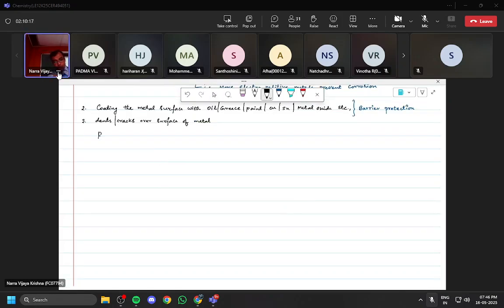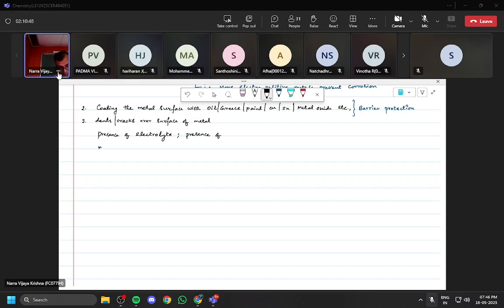Presence of electrolytes, meaning solvent. We are providing a basic medium or acidic medium. If I bring acidified water in contact with iron, then what happens? Corrosion gets enhanced. Correct? So presence of electrolyte will enhance corrosion or not?